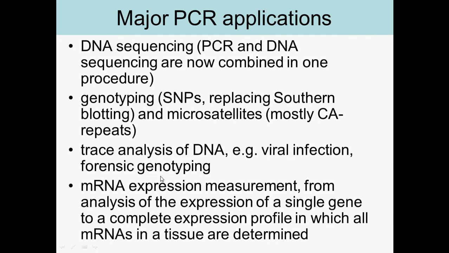And we can find out if there's HIV infection or any other viral infection using PCR, because we can do reverse transcription, get the cDNA, and then do PCR on that, and then use the gel for that. And also you could do forensic genotyping, to see the variable regions in the human genome to identify a person.